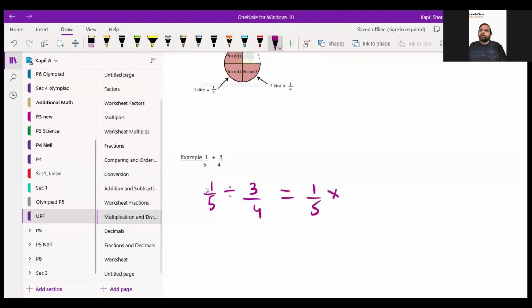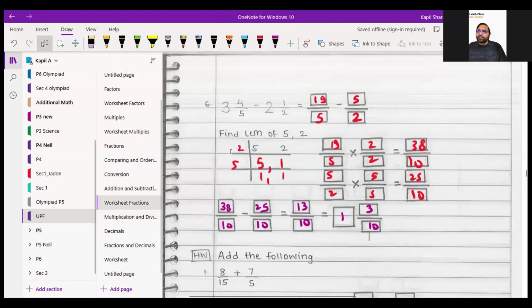Yes. Okay, good. So we can write this as 1 upon 5 times 4 upon 3, which is 4 upon 15. Okay, so now let's solve the worksheet on multiplication and division.